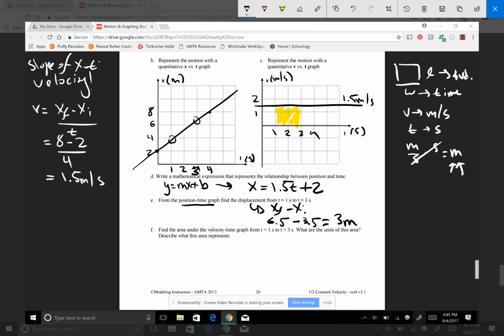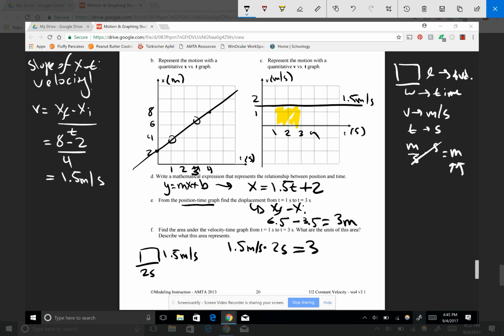Let's go back to the problem and put in our numbers. So we know that our length is going to be 1.5 because that's the height we have, 1.5 meters per second. And we're going to need to think about our width, which is 2 seconds because we're going from 3 to 1, 1 to 3, so 2 seconds. So we need to multiply that together, 1.5 meters per second times 2 seconds.